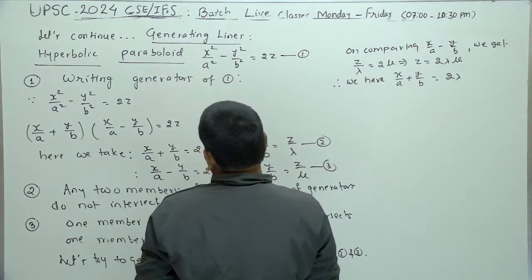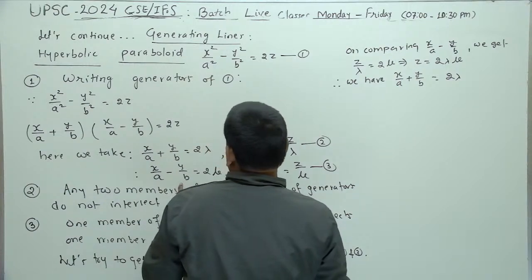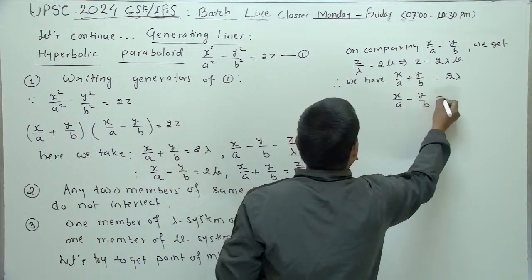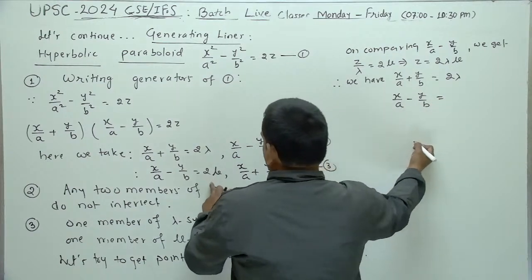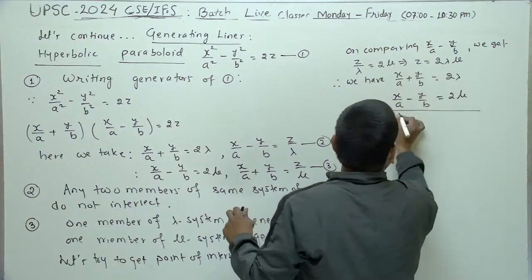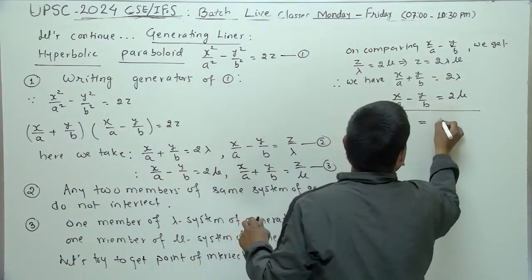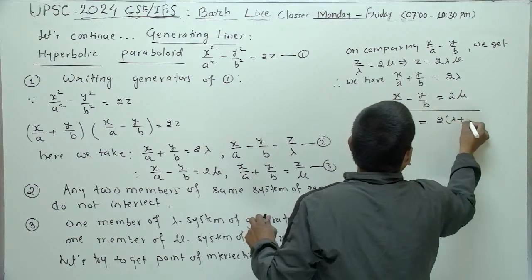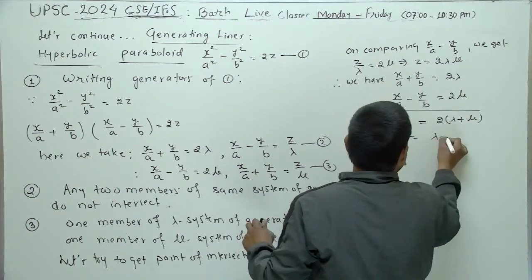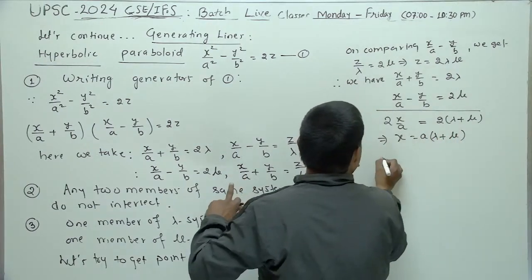So if I take x upon a minus y upon b, from here I got 2 mu. Solving this, we get 2x upon a equals 2 into lambda plus mu. So x equals a into lambda plus mu.